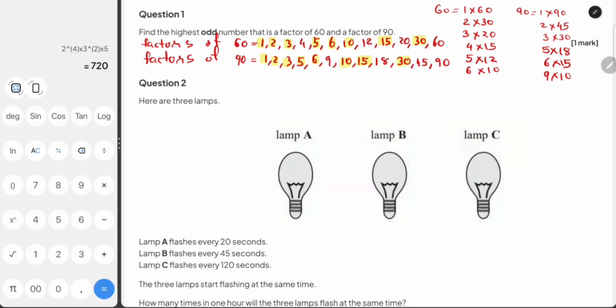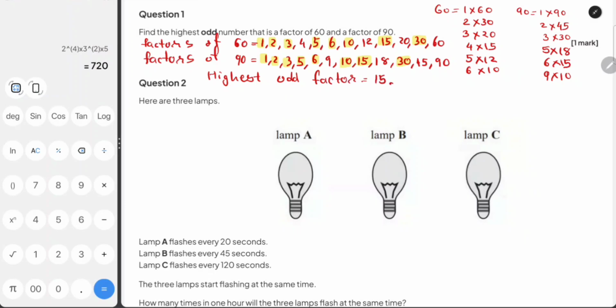If you find the HCF, it will be 30, but they are asking for the highest common odd factor. 30 itself is the highest common factor, but it's not odd. But 15 is a common factor also, and it is the highest of the odd factors, right? So the highest odd factor is 15.